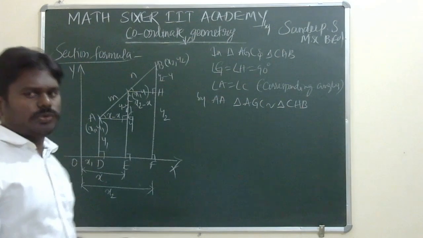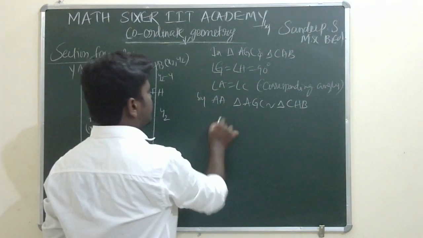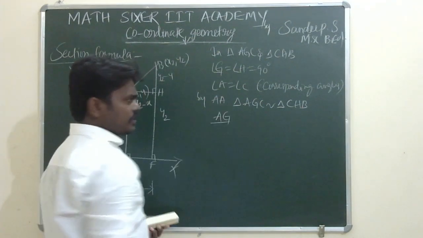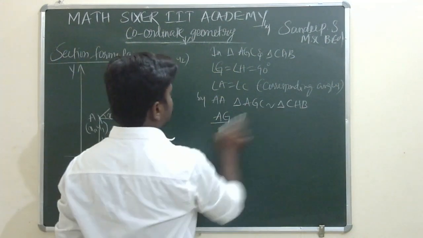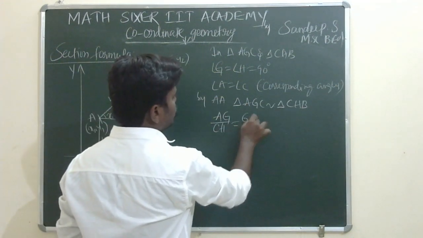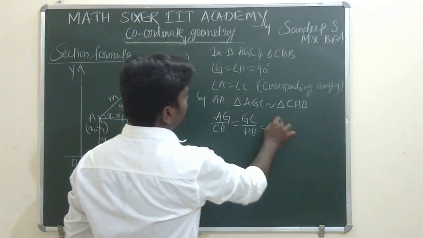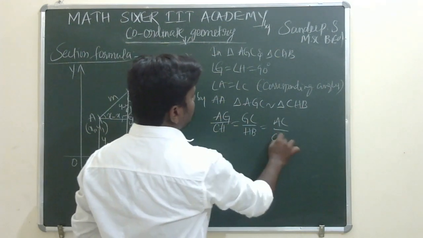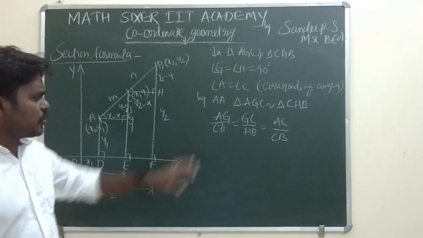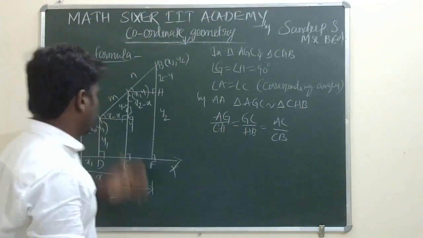When we have two similar triangles, the corresponding sides are in the same ratio. Hence AG by CH is equal to GC by HB is equal to AC by CB. Now substitute all these values from the diagram.